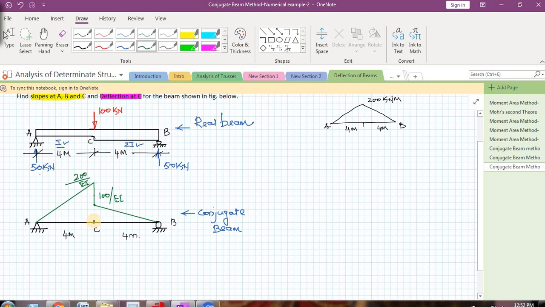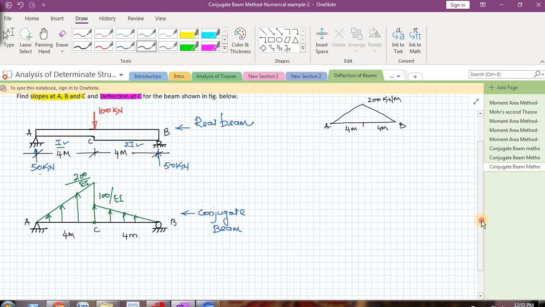From here to here it is 100 divided by EI, and from here to here it is 200 divided by EI. Now since this is a positive bending moment, I told you the loading on the conjugate beam will always be away from the beam, that is upwards. Now once you have drawn the loading on the conjugate beam correctly, the further things are very simple. So hope you understood how to draw this. You have to take care of that I and 2I accurately.